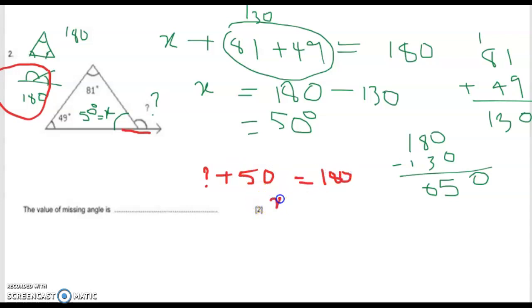So x is equal to 180 minus 50, which is equal to how much? 130, right? So this, I'm sorry, this is not x, this is the question mark, right? So you can give another alphabet because x is already used here.